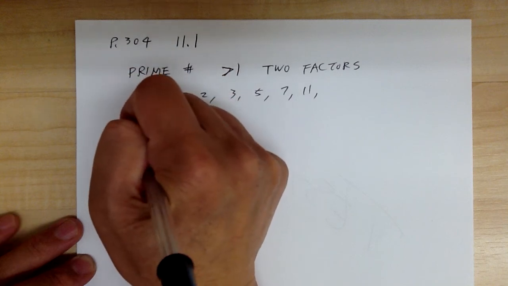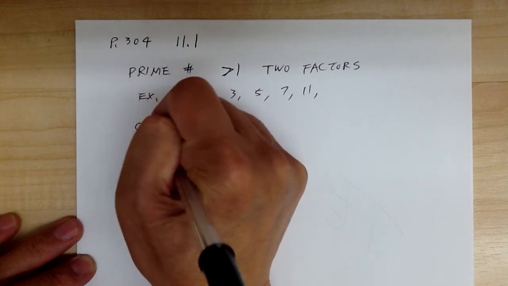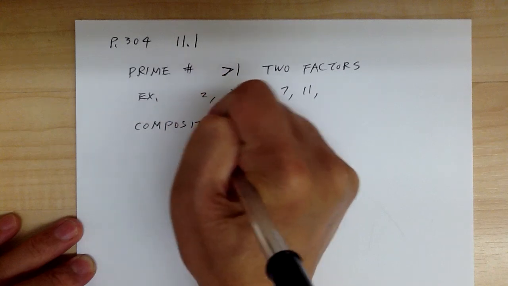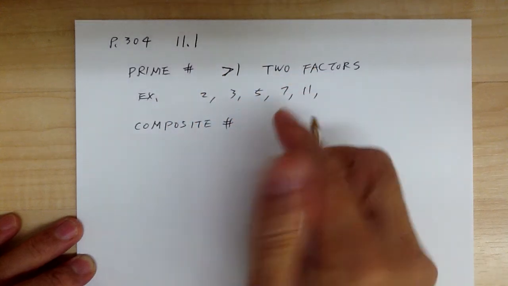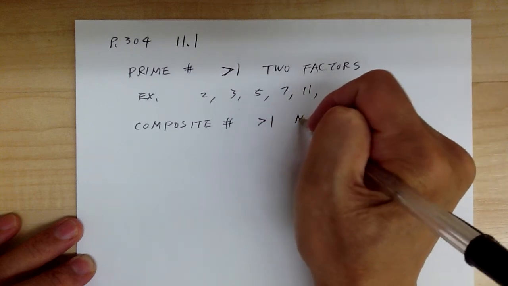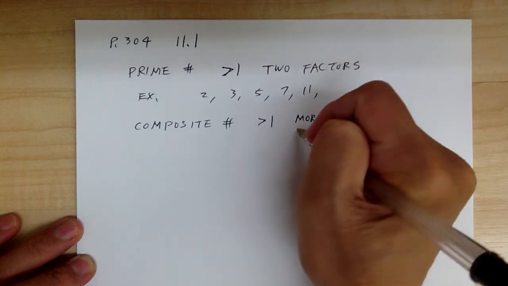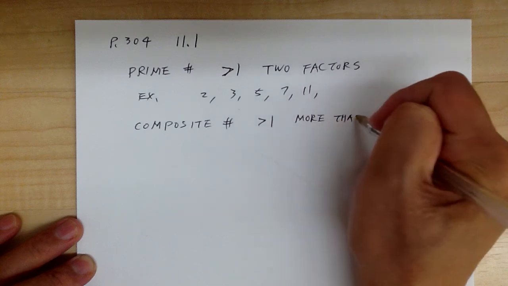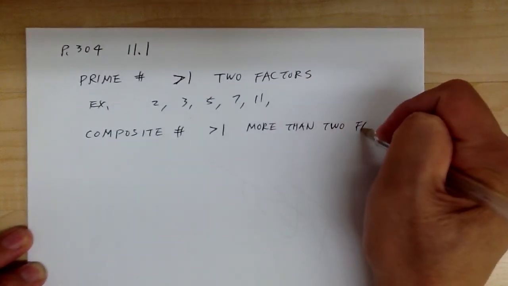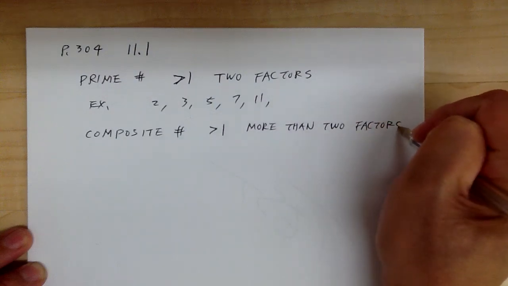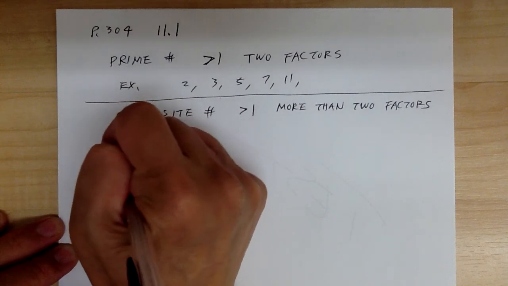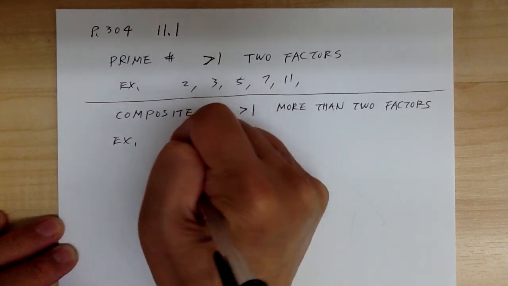Next one is the composite number. A composite number is greater than 1 and has more than two factors. An example of that would be 4.